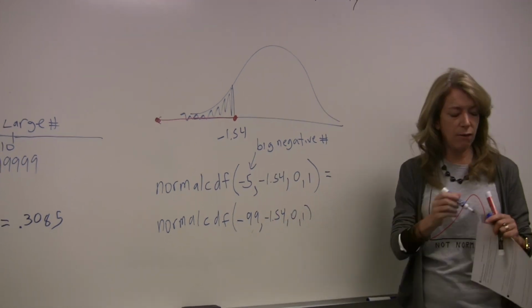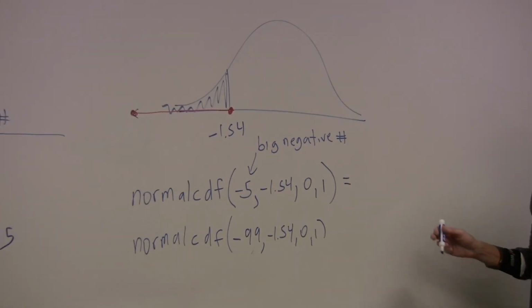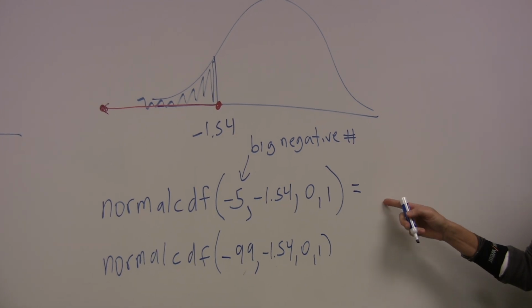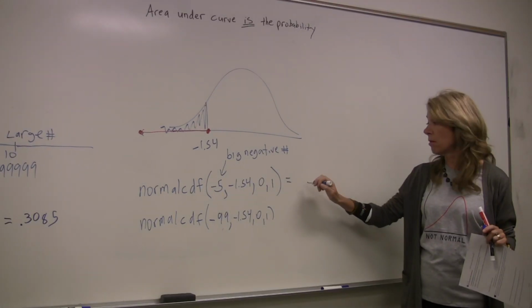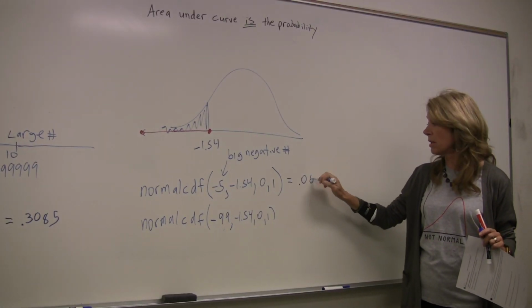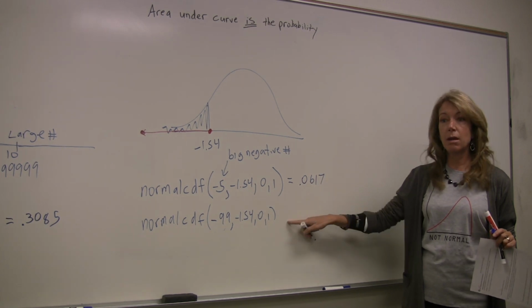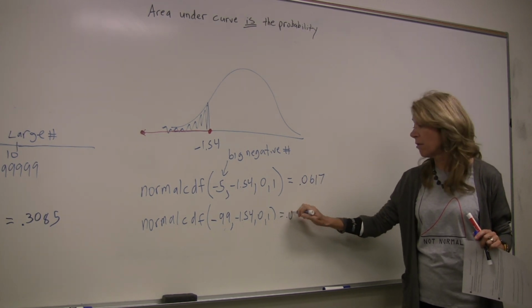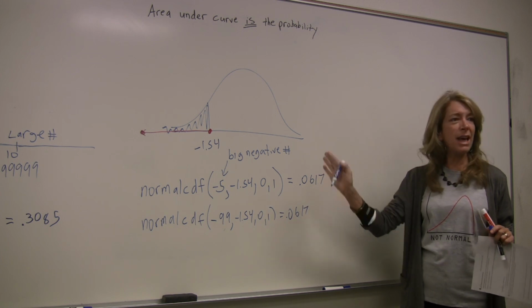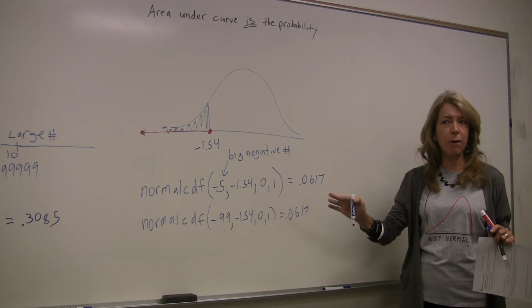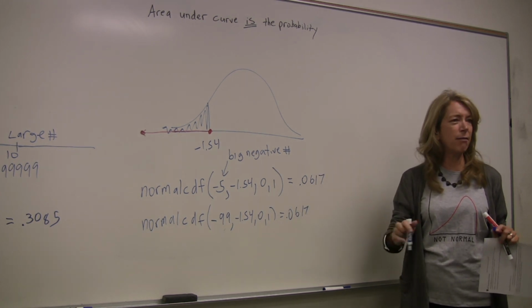Let's see if the answers came out the same. What did you get, Kevin? 0.0617. You got the same thing? So even in this case, -5 was far enough away that everything out there rounded to 0.